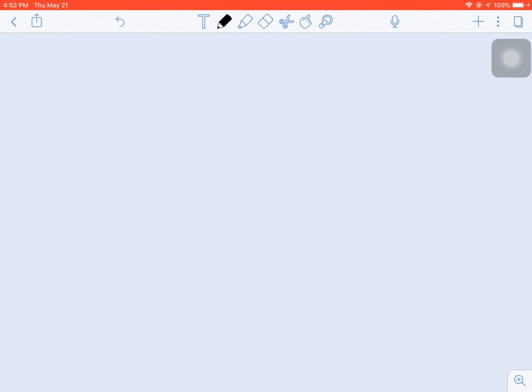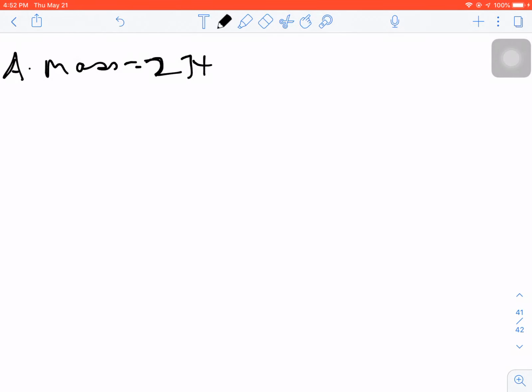The example says an atom has atomic mass number of 234, okay, so the mass number is that A number, the Z number is the atomic number.